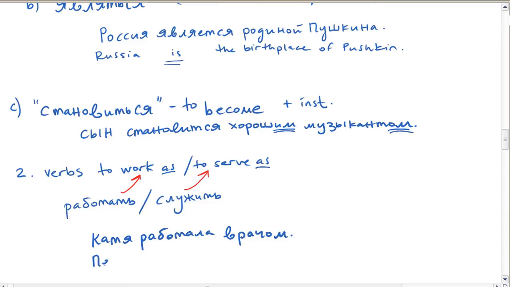Or Петр служил солдатом. So Peter served as a soldier. So both of those verbs, if you mean to work as or to serve as, you're going to use the instrumental.